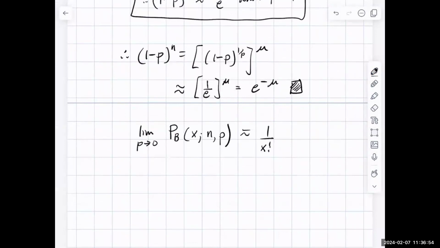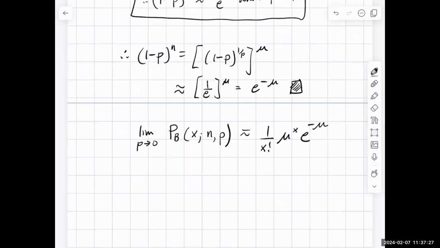We had that out front. We didn't do anything to that one. But then we had a mu to the x for our second approximation times p to the power x, right? So remember our first approximation was n to the x, and then we took that and multiplied it by p to the x, and we said n times p was mu. All right, and then the one that we just did is e^(-mu).